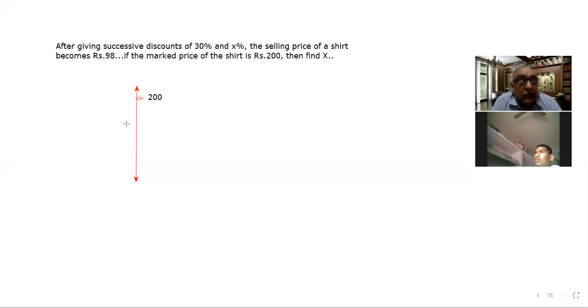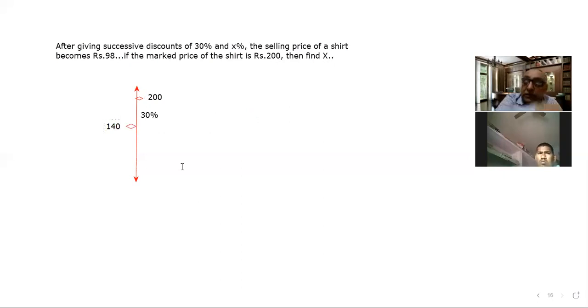Right? So now let me take it that this is the one discount, which is 30% of this. Okay. So how much is this discount? This is the 30%. 30% of what? 30% of 200. 30% of 200 is equal to 60, right? So it means now the price comes down to 140. Okay. Now the price comes down to 140, right?